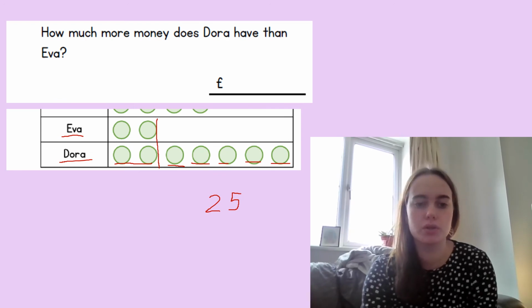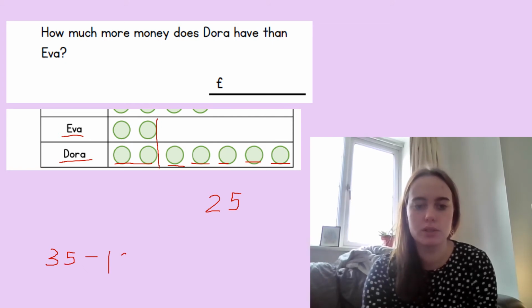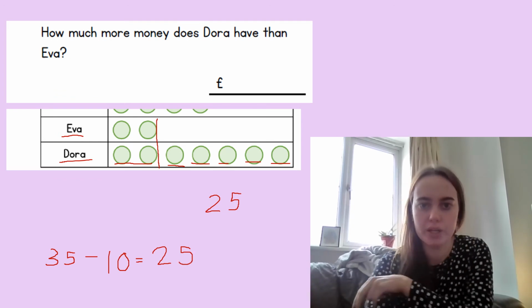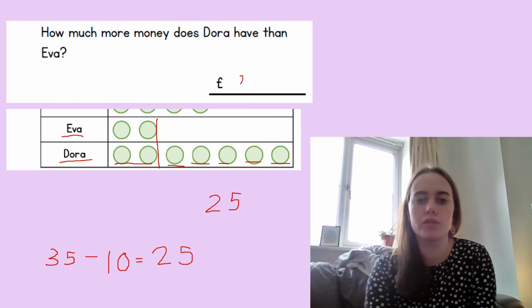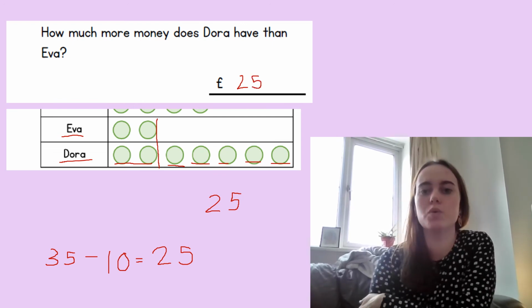So Dora's total is actually 35. Eva's total is £10. So £35 take away £10 again equals £25. So you could either look at the pictogram to work it out, or you could find out their totals and subtract the smaller one from the bigger one.